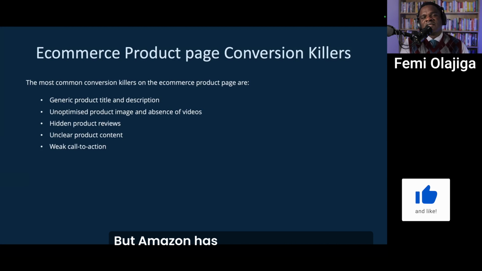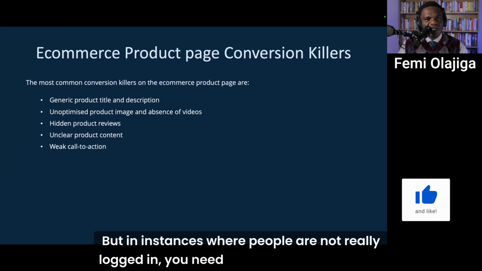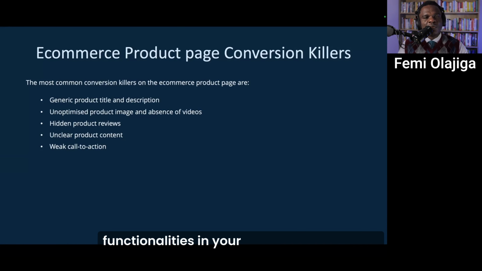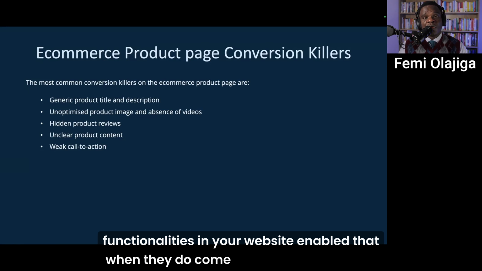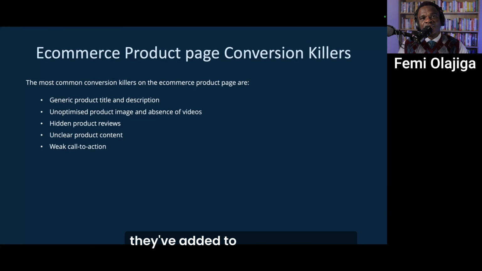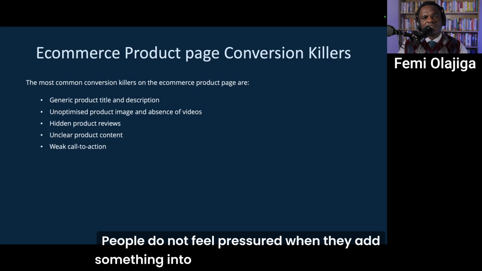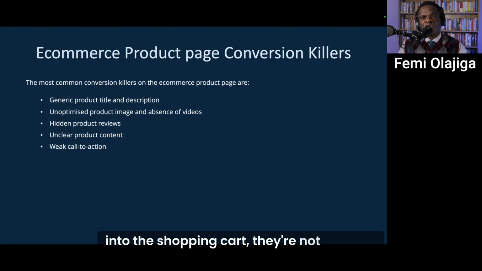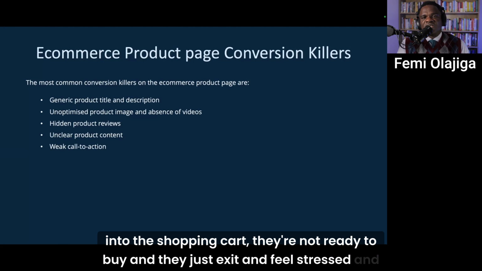But Amazon has the benefit that you're logged in. In instances where people are not logged in, you need to have the features and functionalities in your website enabled so that when they do come back, the items they've added to a wish list are there. People do not feel pressured when they add something into the shopping cart and they go into the shopping cart, they're not ready to buy, and they just exit and feel stressed and not come back.